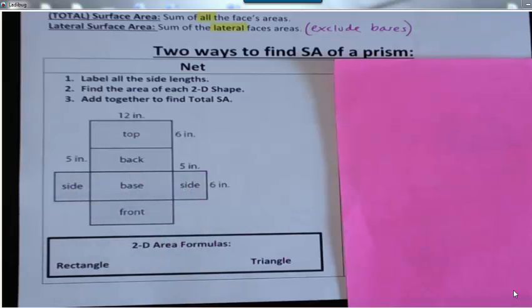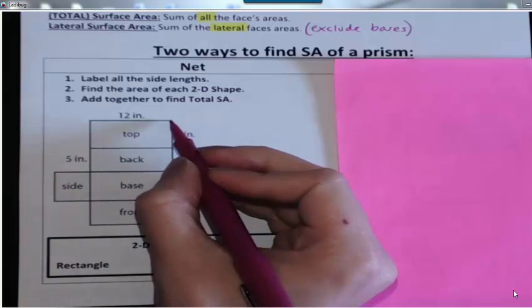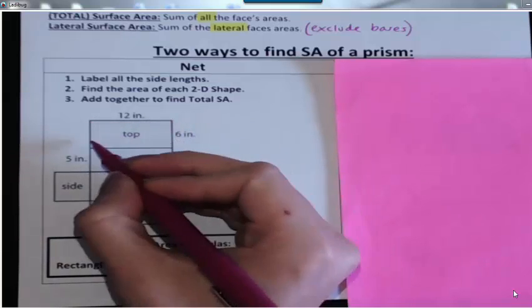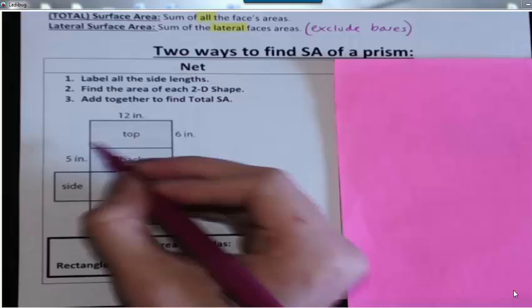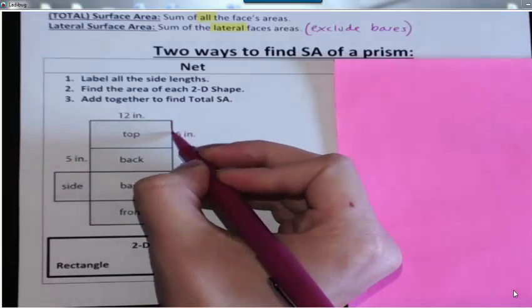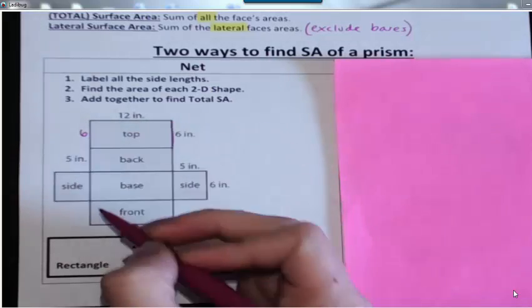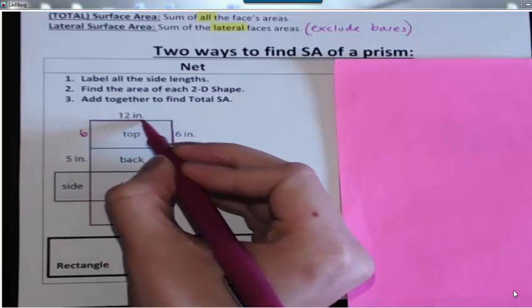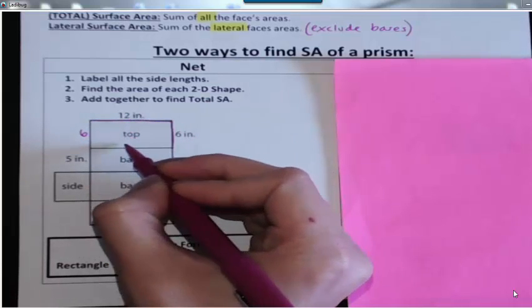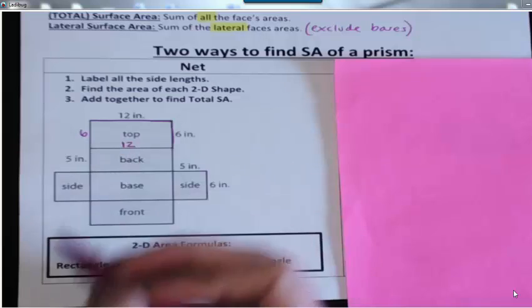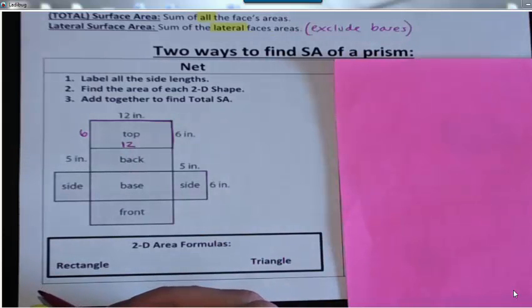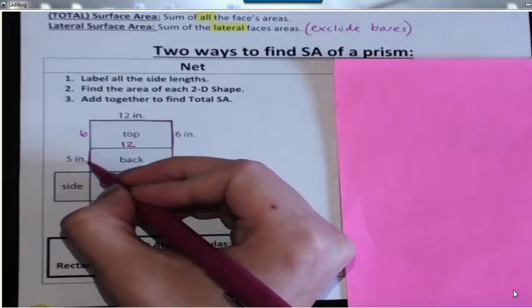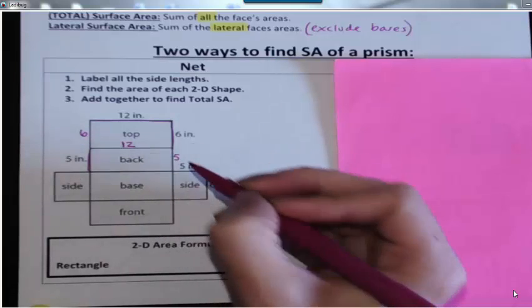So with my knowledge of what a rectangle is, I know that each of these has two sides that are the same that are parallel from each other. So if this side length is 6, I know this side length is 6. If this side length is 12, the opposite side length that's the same is going to be 12. So I'm going to label all my side lengths first. This side length's 5, so I know this side length is 5.